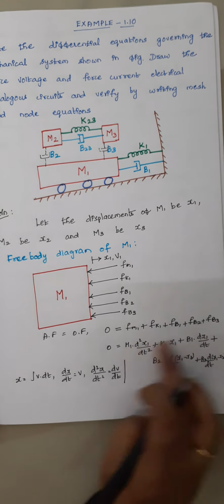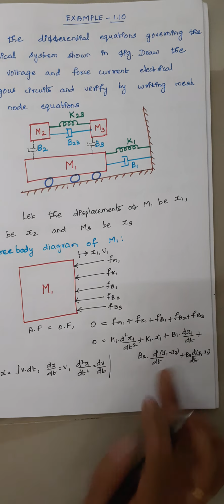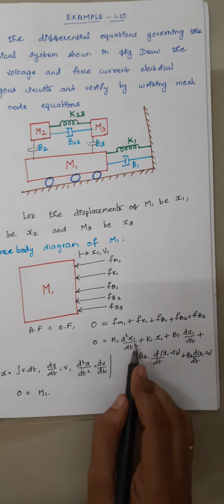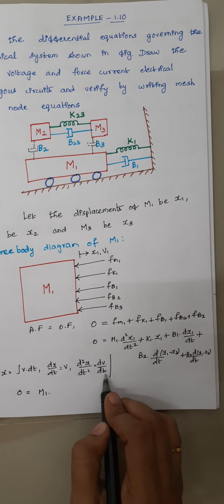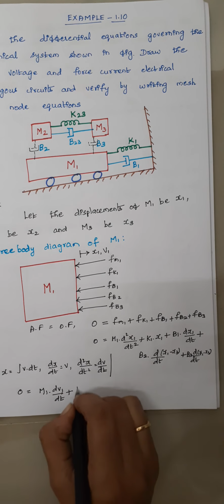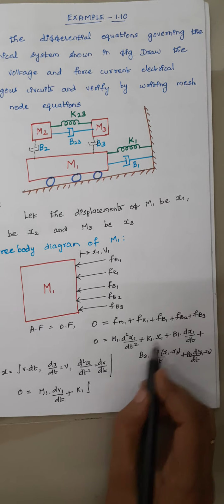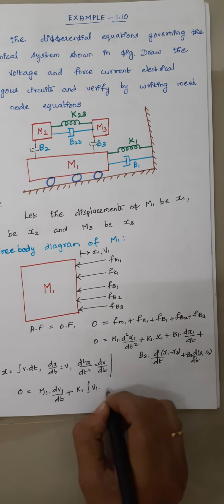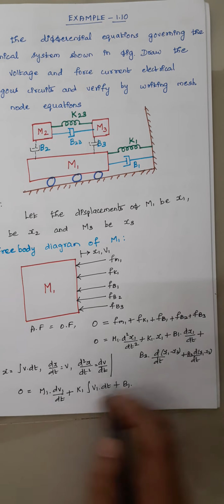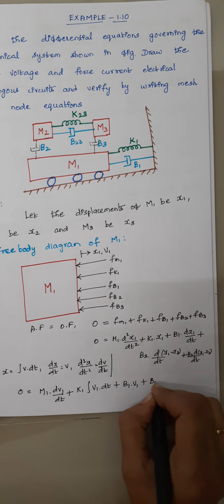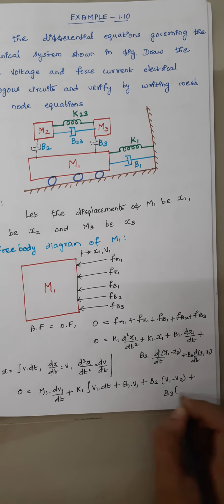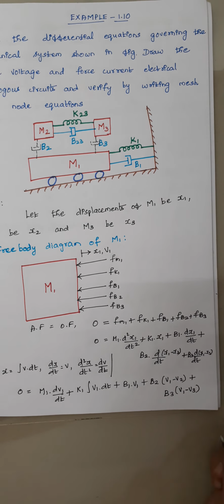So when we replace displacement in terms of velocity, we will have 0 equal to m1 into d square x1 by dt square, which is nothing but dv1 by dt. So m1 into dv1 by dt, plus k1 into the integral of v1 dt, plus b1 v1, plus b2 into v1 minus v2, and finally plus b3 into v1 minus v3, right?